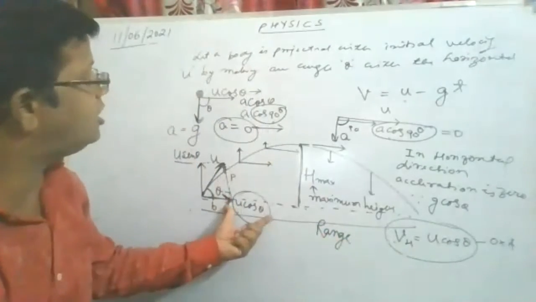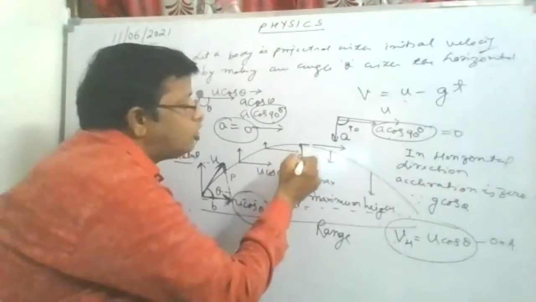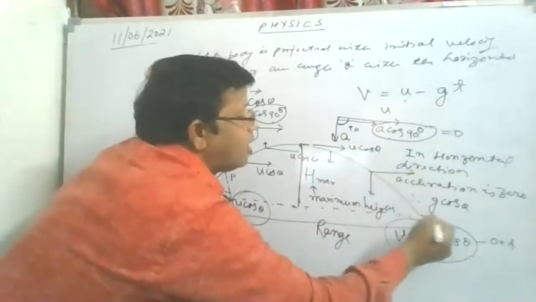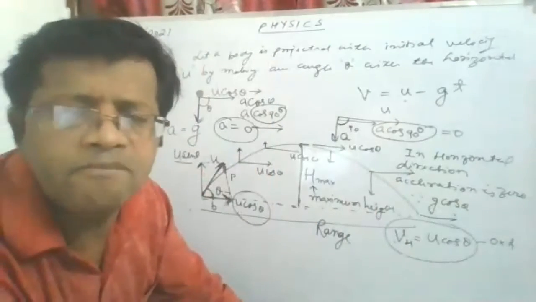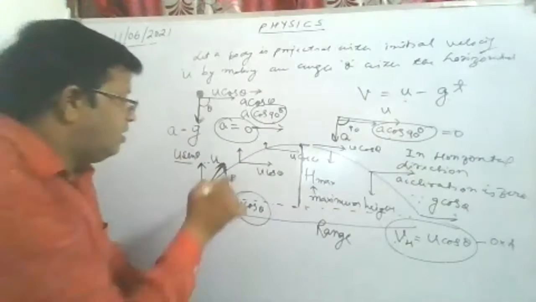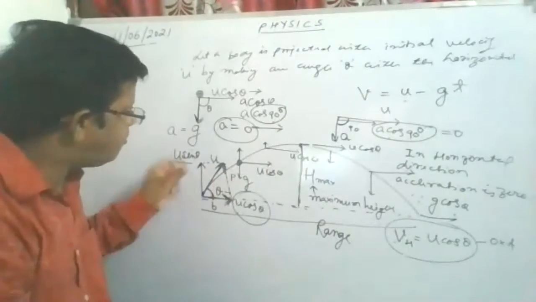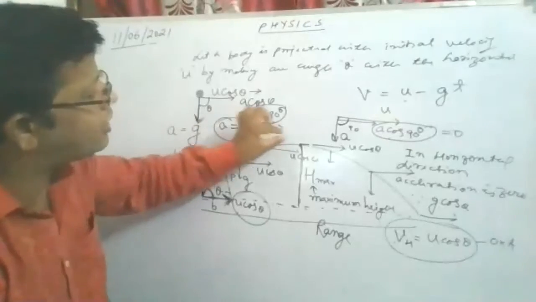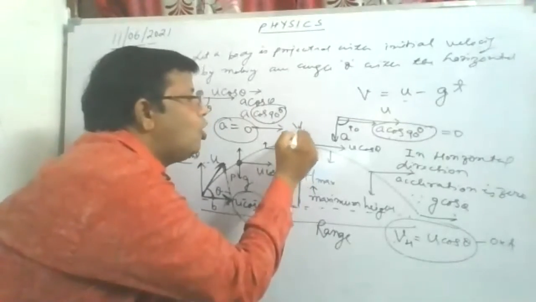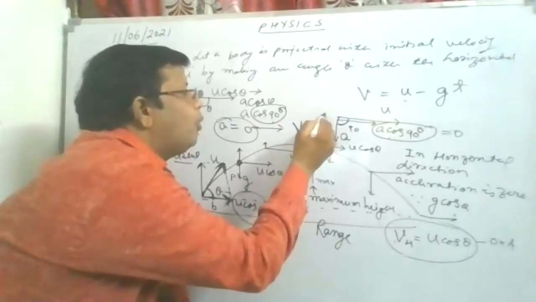If the initial horizontal component is u cos theta, it will always remain the same. It will never change. But the vertical component, see here beta, in which direction does gravity act? Downward, and due to this the vertical component of velocity goes on decreasing, and at maximum height it becomes 0. The final velocity of the vertical component becomes 0. Where?